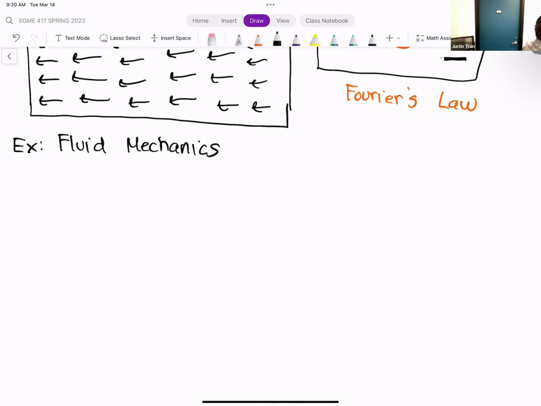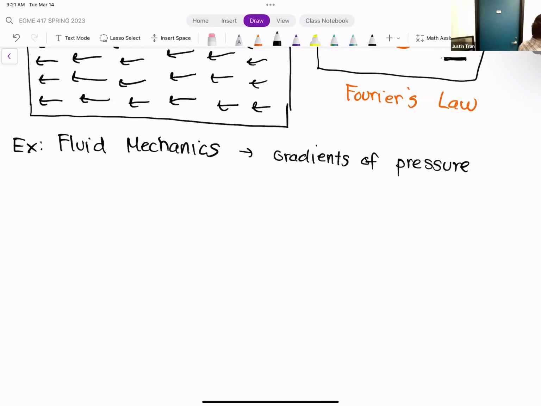And so fluid mechanics makes use of the gradient as well. But instead of temperature, we're talking about the gradient of pressure. For a fluid, one important property is its pressure.